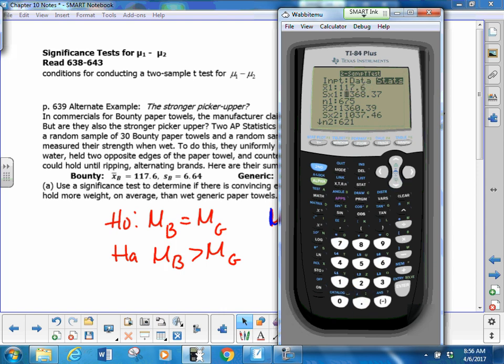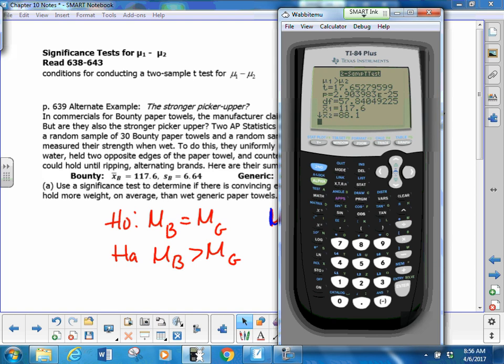Standard deviation is 6.64. n is 30. Let's see. We're thinking that it's greater than, so I've got the wrong one highlighted. And we're going to say no to the pooled option. I don't like the way they do their inequalities. To me, it's a little bit confusing, but I knew it was greater than, so I did.